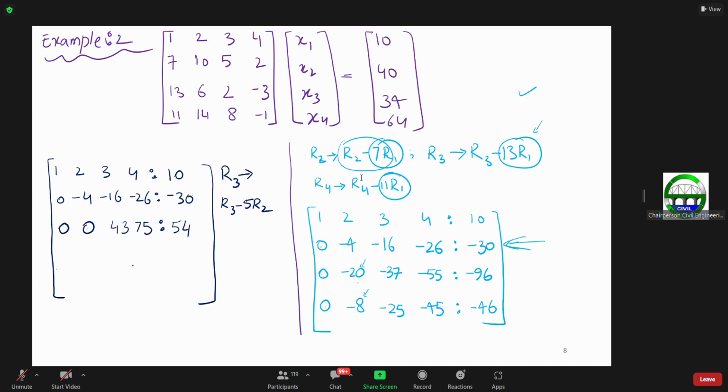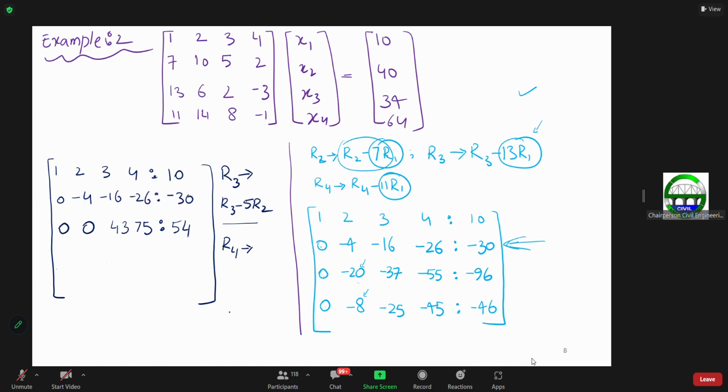Okay, and next our step is making this one. We made this one using R2, and so we have to make this one. So how will we make this one? R4 will be equal to what?